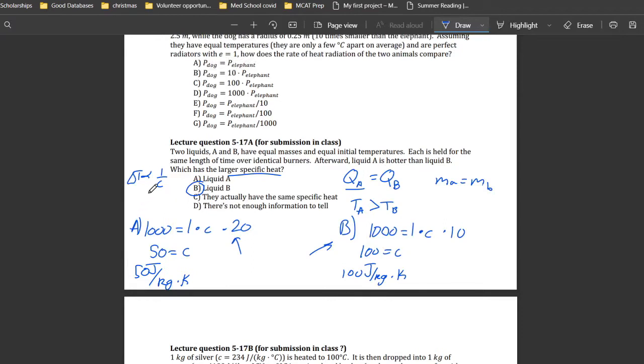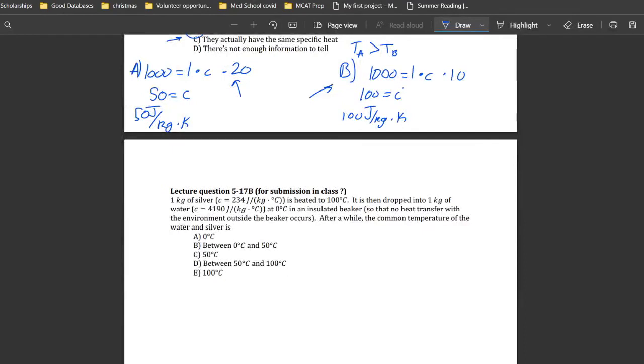And it's important to understand that we can do these problems in multiple ways, because it helps us approach novel problems when we're not sure what we're looking for in a specific problem. But with everything being said, B is the answer because for a given amount of energy, it does not increase in temperature as much because it has a higher specific heat.